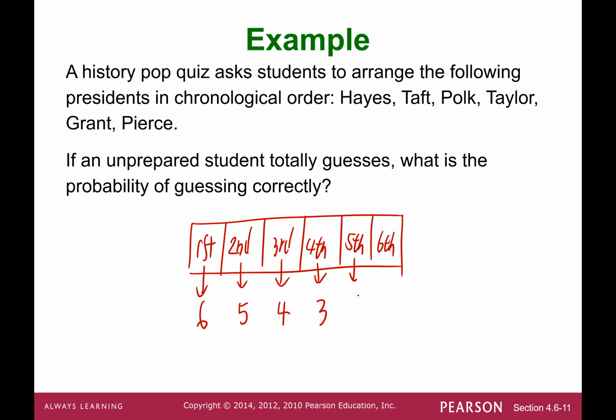Fifth one, 2 options. By the time we get to the last one, only 1 option is available. So this is exactly what we call the factorial, 6 factorial. And 6 factorial is 720, right? 24 times 5 times 6, 720.